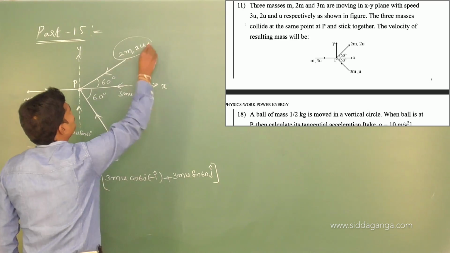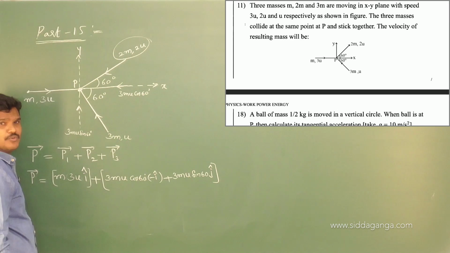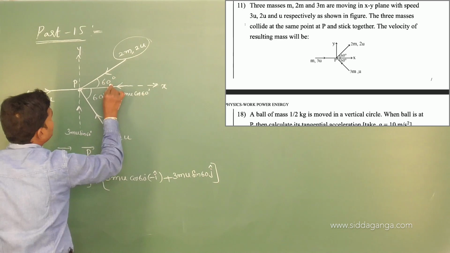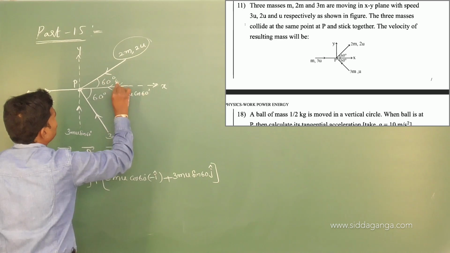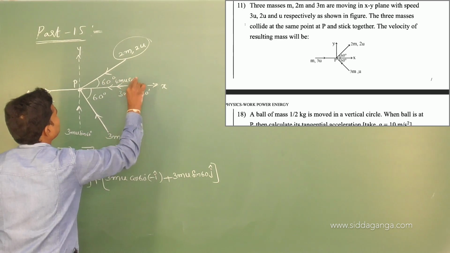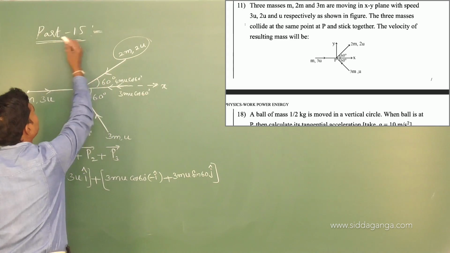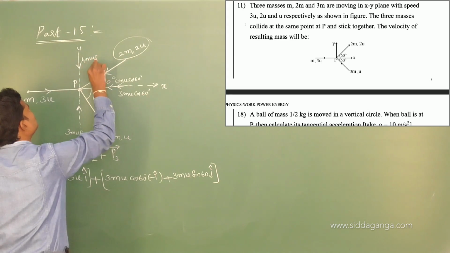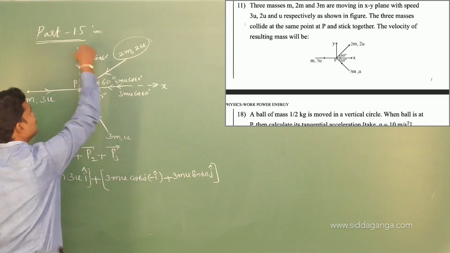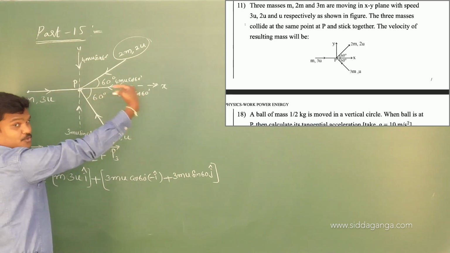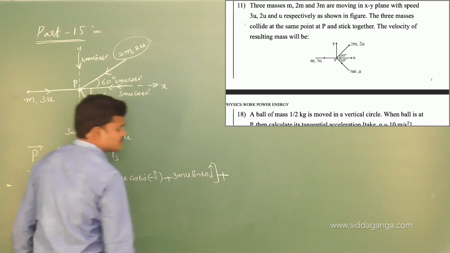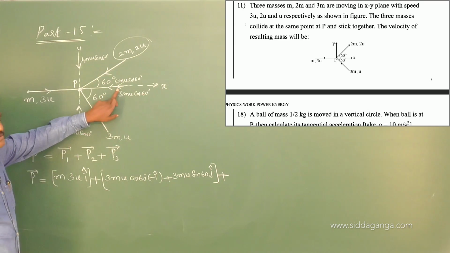Now the momentum is 4mu. 2m into 2u becomes 4mu. Resolve this into two components. One component is along this direction, so 4mu cos 60. One more component is 4mu sin 60. 4mu sin 60 is downwards, 4mu cos 60 is leftward. So we can write 4mu cos 60.